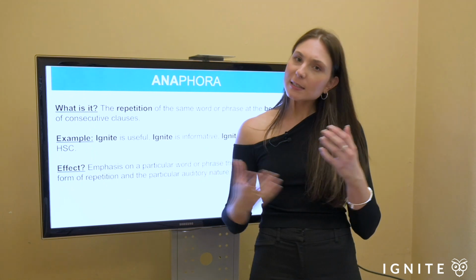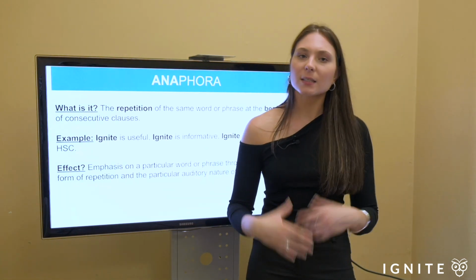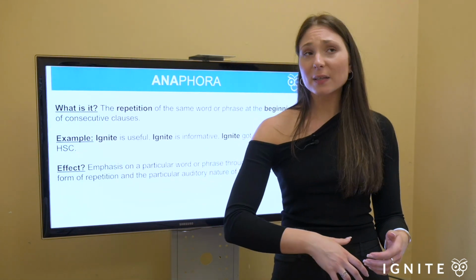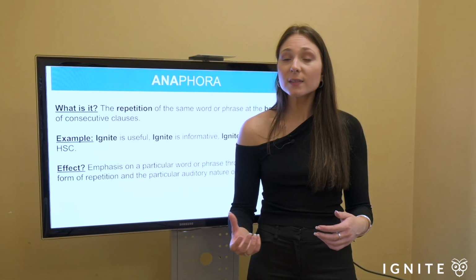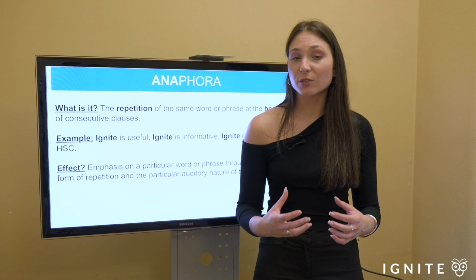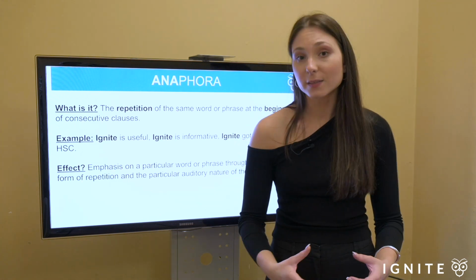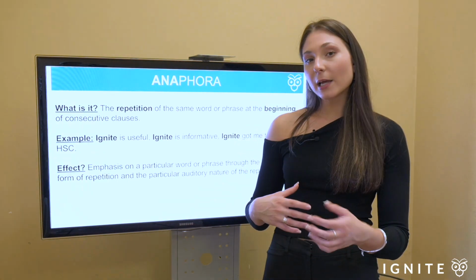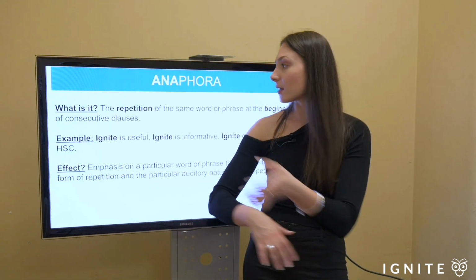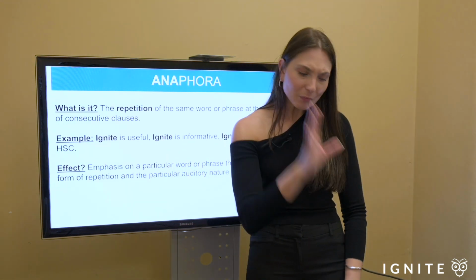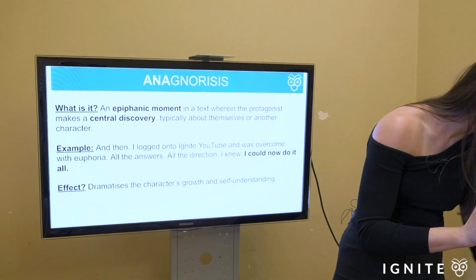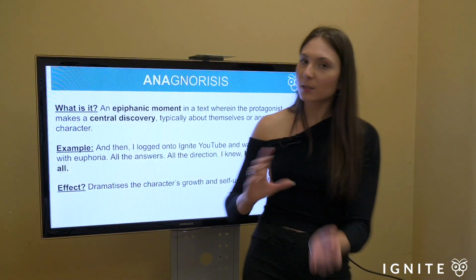So the effect obviously will depend on its particular use in the text that you're engaging with. For example, if it's being used in a persuasive text, it might reinforce the message that that composer is trying to persuade their audience of. So think about it in light of the particular text you're studying, but nevertheless, knowing that Anaphora exists is of course useful to you.